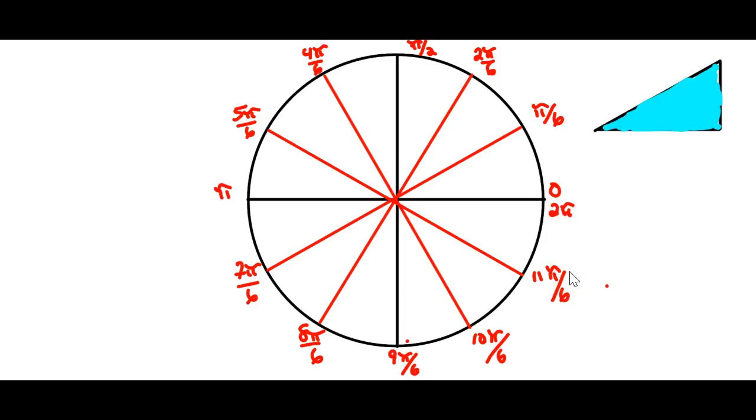Now don't leave them like that. I expect you to be able to reduce them, but I try not to reduce them until after I'm done with this. That way I can quickly see 1, 2, 3, 4, 5, 6, 7 all the way around the circle there. So now go through and reduce those.